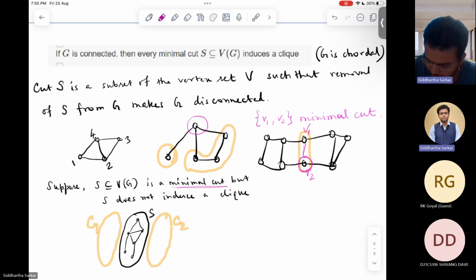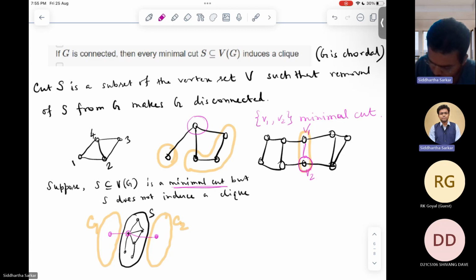Because S is a minimal cut, every vertex in S has at least one edge going to a vertex in component 1 and at least one edge going to a vertex in component 2. That is a property of a minimal cut.